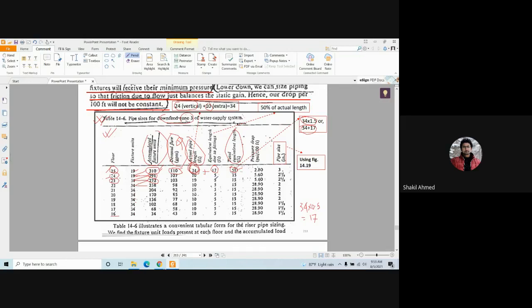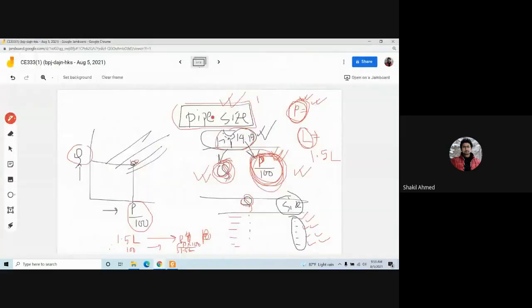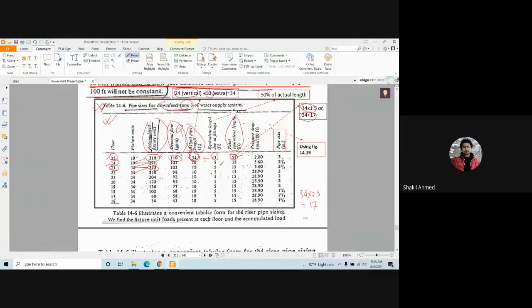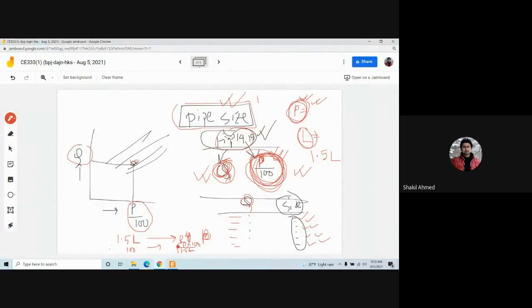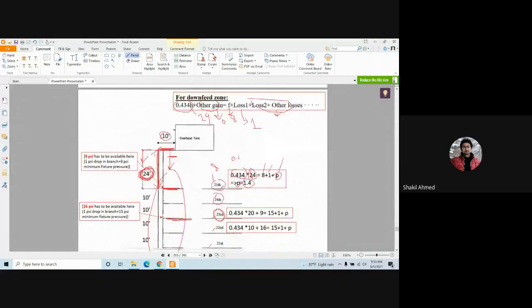So to calculate the pipe sizing, you need two things. One is Q, another is this. So you know the Q here. What is Q, guys? GPM flow 110. Now what is your this? Okay, let's look at this. For 25th floor, you calculated a small p as 1.4, total frictional loss.